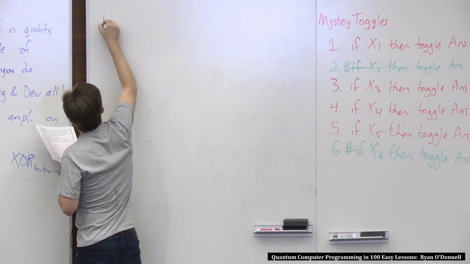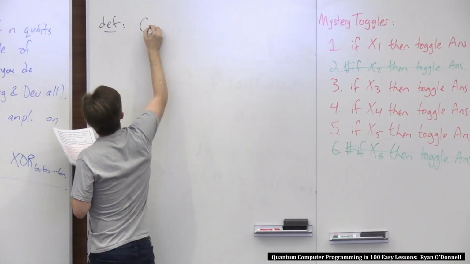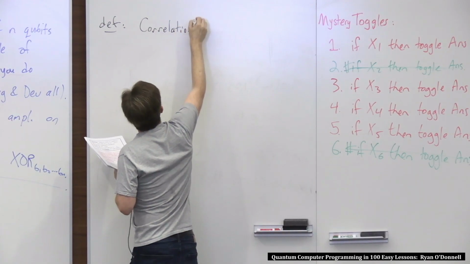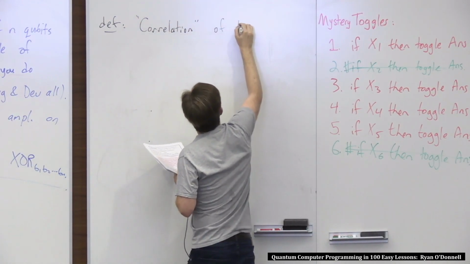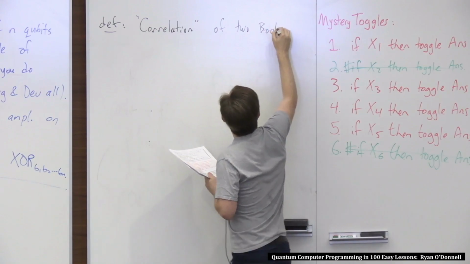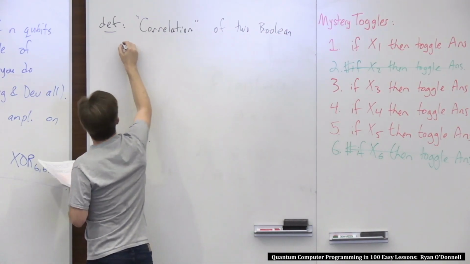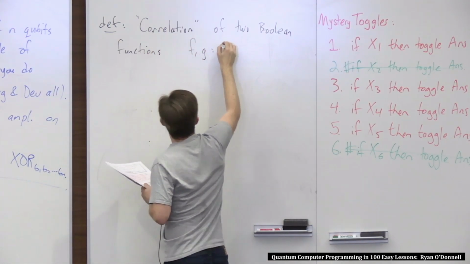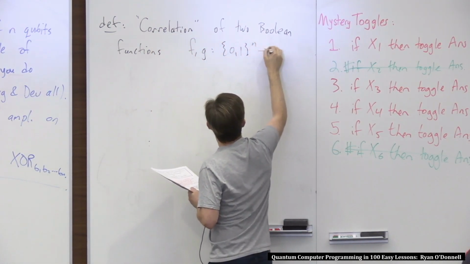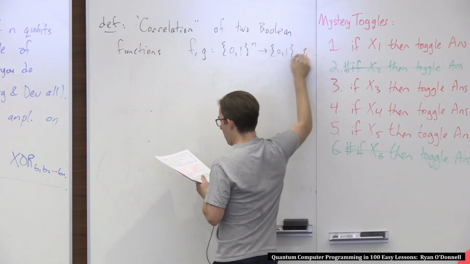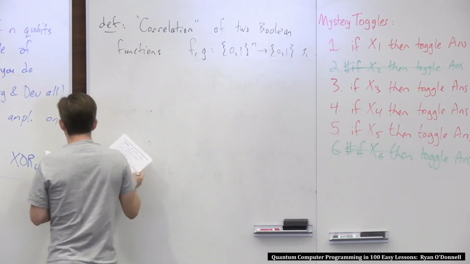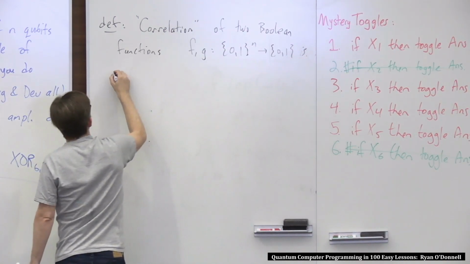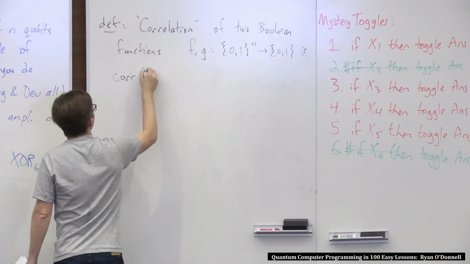The correlation of 2 Boolean functions f and g, let's say that are both mapping n bits to 1 bit, I'll use the notation core f g.